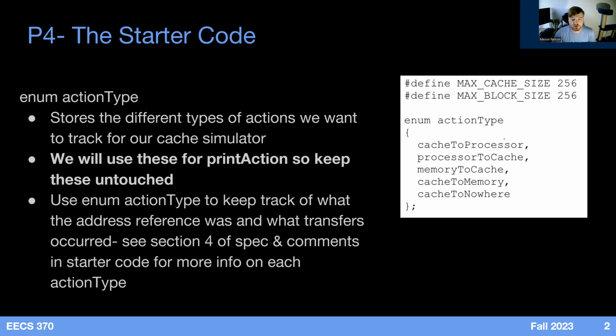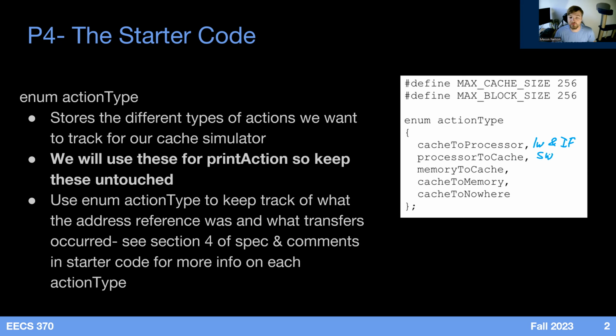We have a processor to cache. That is where you find the data in the cache and you write to it. So it only happens for store instructions. So to recap, the cache to processor is only for loads and instruction fetches. Then we have the processor to cache, which is only for store instructions. And then the other 3 could happen as a result of any access to the cache.